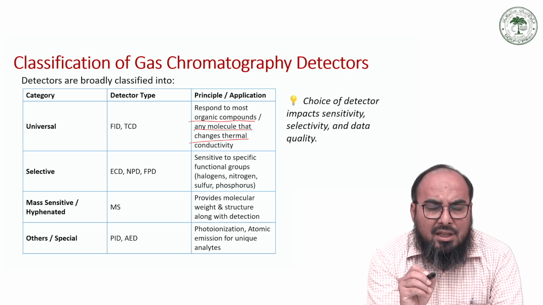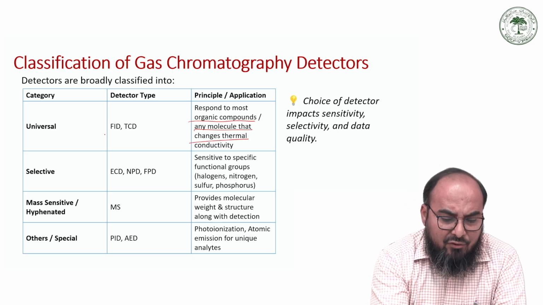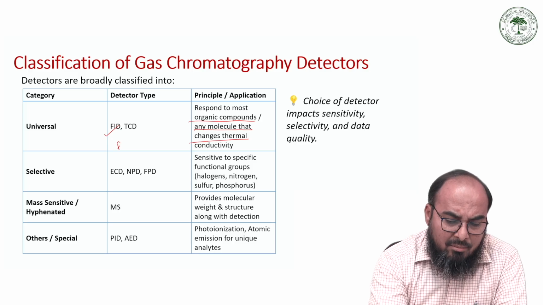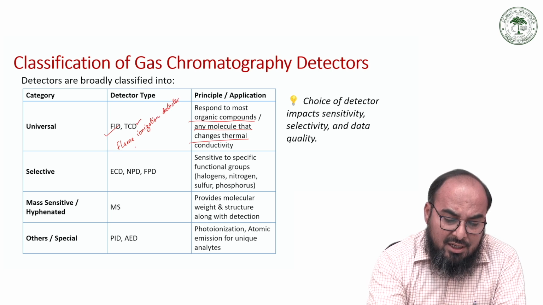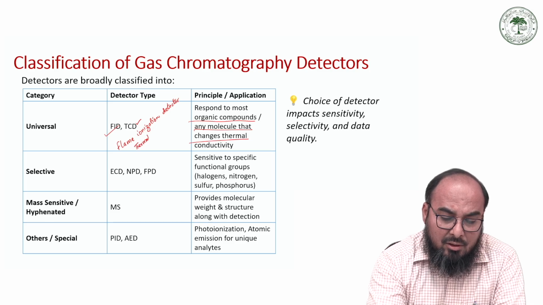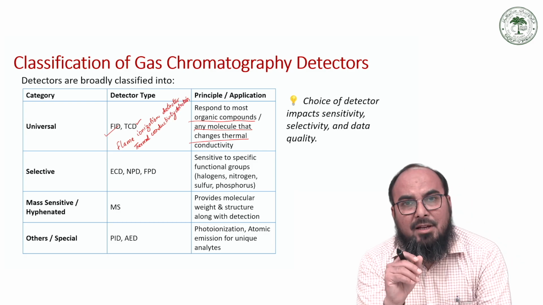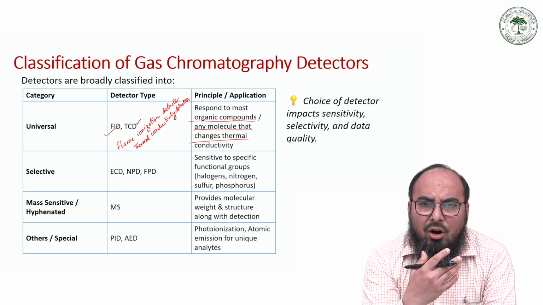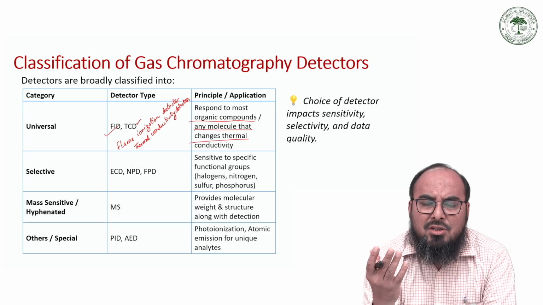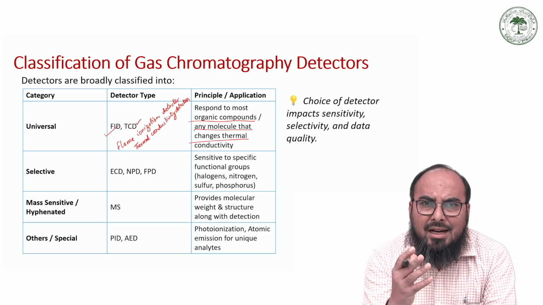There are two such detectors: FID, which is called the flame ionization detector, commonly called FID, and then we have TCD, the thermal conductivity detector. These two detectors are called universal because they are good for detecting almost all organic compounds, inorganic compounds, and most pesticides also.